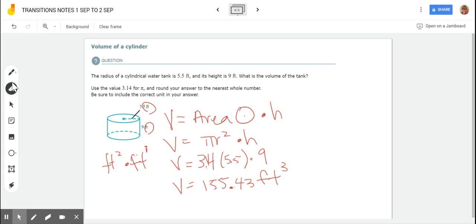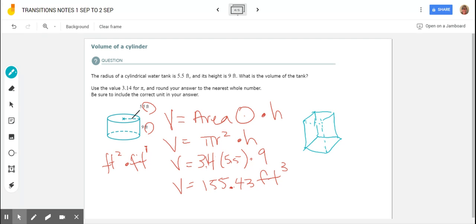And let's go back real quick, in case you get other problems. If you have something that looks like this, for example, okay, I'm trying to make it look 3D. So you have this.